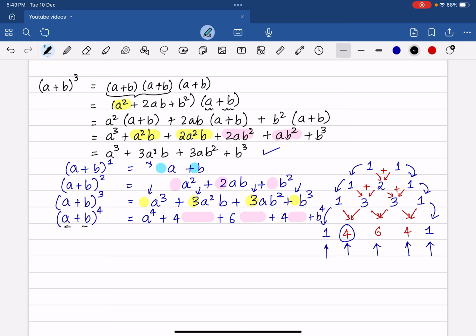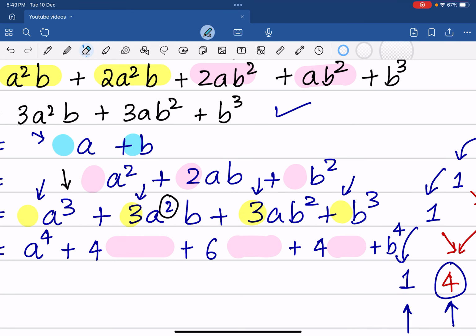Do you see, a has taken, to start with, the power 3 in (a plus b) the whole raised to 3? A has taken the power 3 in the first term, the power has reduced by 1 in the second term, it has further reduced by 1 in the next term, and it has further reduced to such an extent that it is no more visible.